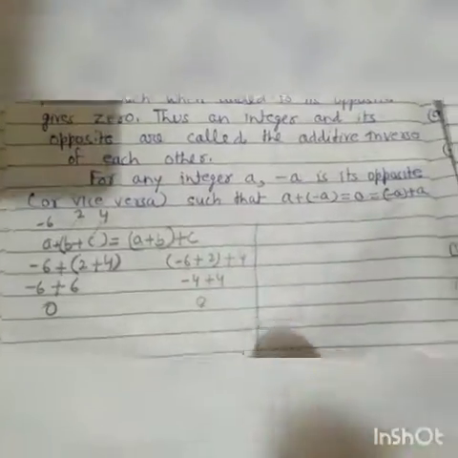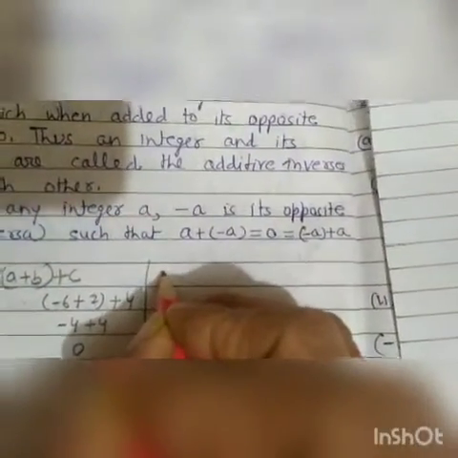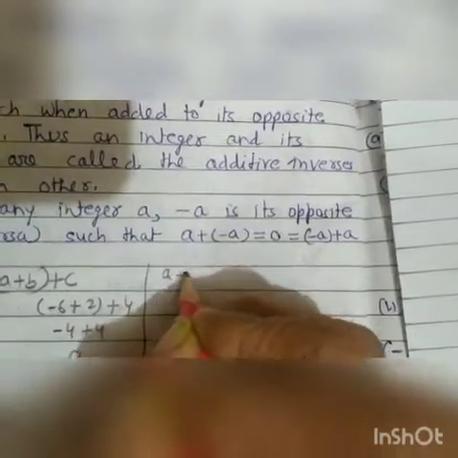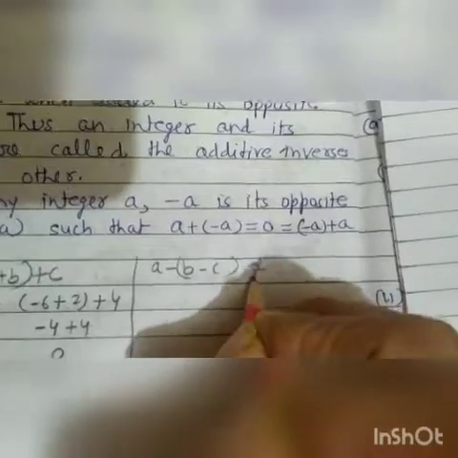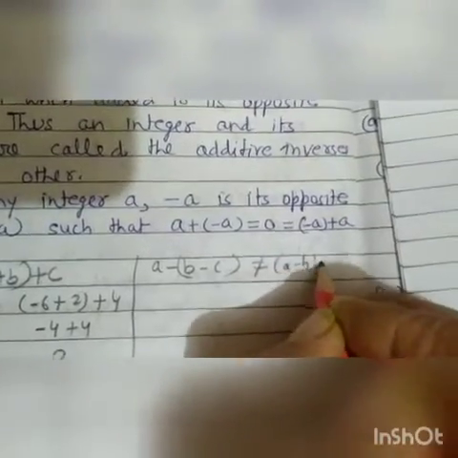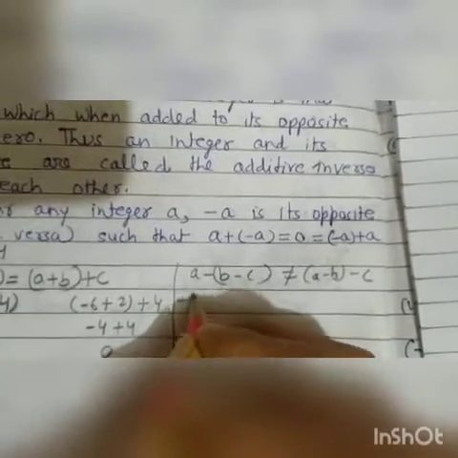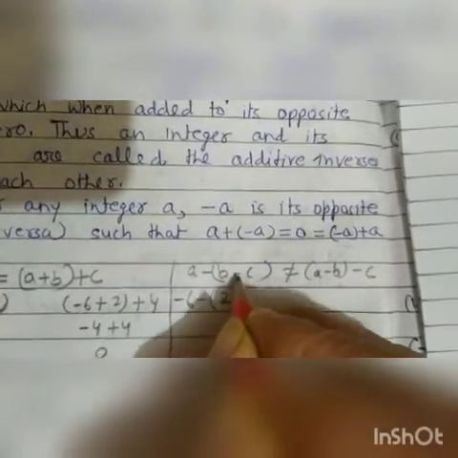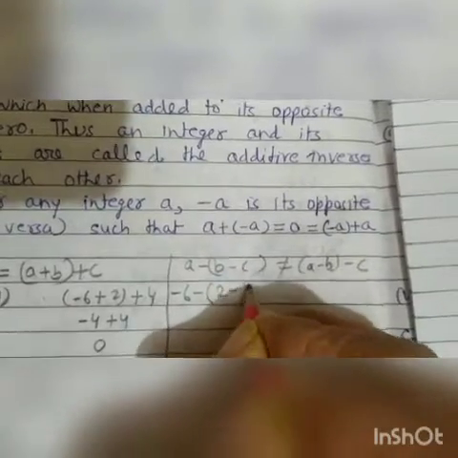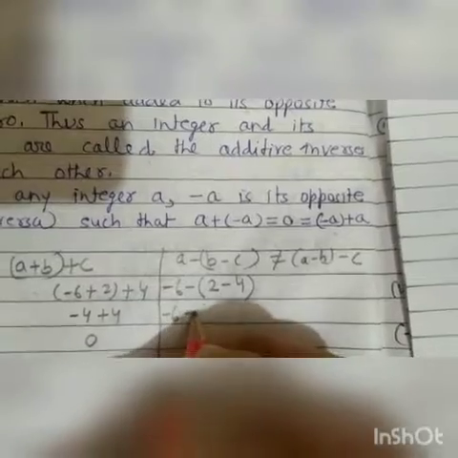Now let us check for subtraction. Same thing, associative property. Then a minus (b minus c) is not equal to (a minus b) minus c. Put the same values. a is equal to minus 6, then this minus bracket, b is 2 minus c is 4.